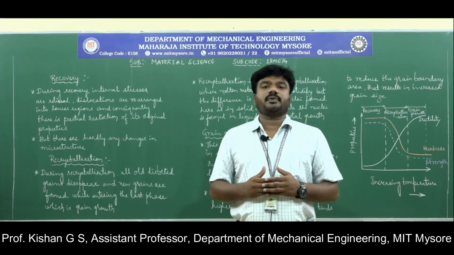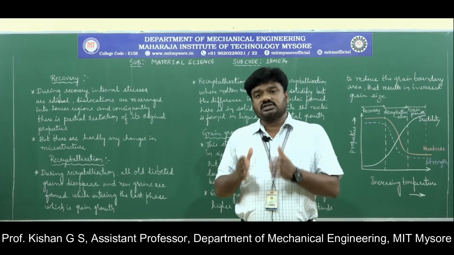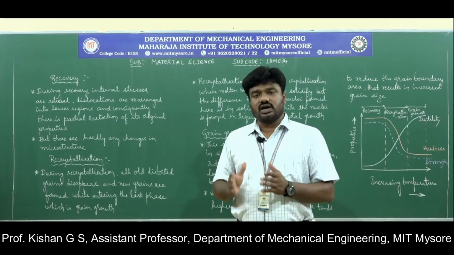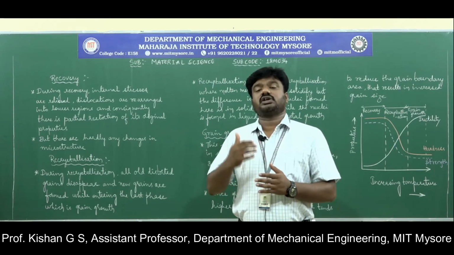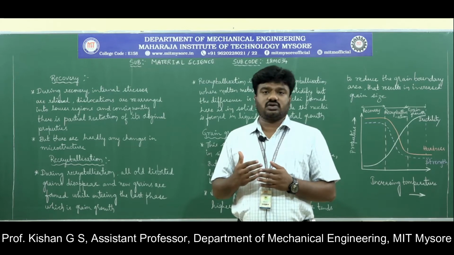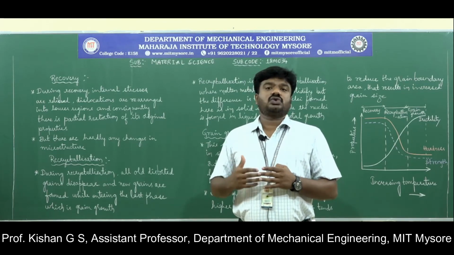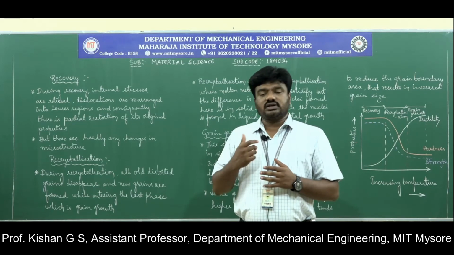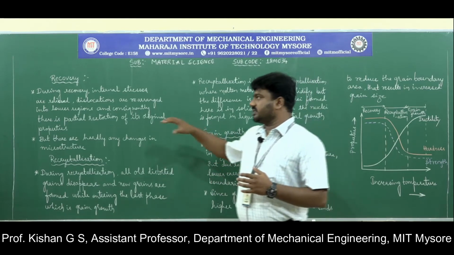So due to heat treatment at the recovery stage, at the start of the process, there is a chance of moving dislocations to certain lower regions than the higher region. We have to recall the concepts of the first and second modules to understand the behavior of dislocations and different types of dislocation. Keep this in mind.